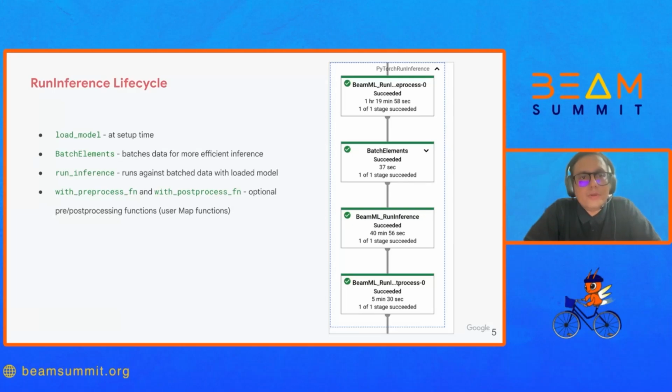Batching is done for efficiency and can be turned off by the users, but is generally not done. With batch, with preprocess and with postprocess are decorative functions which can be added before and after the RunInference transform. From a troubleshooting standpoint, these can be disregarded unless specific errors are seen around them. Most of the times, the issues are related to load model, batch elements, or running inference.